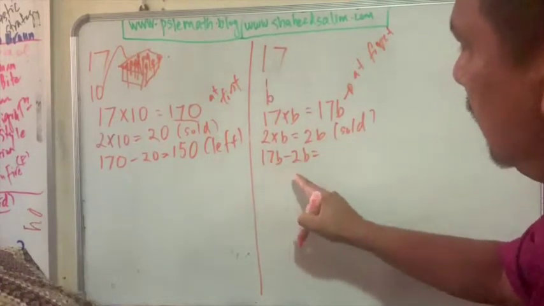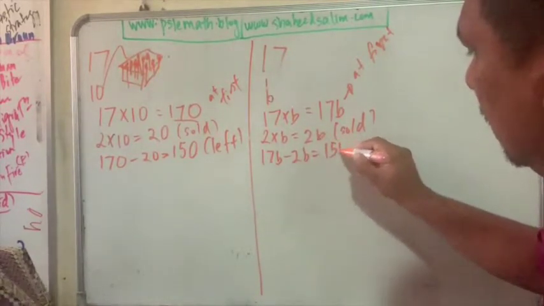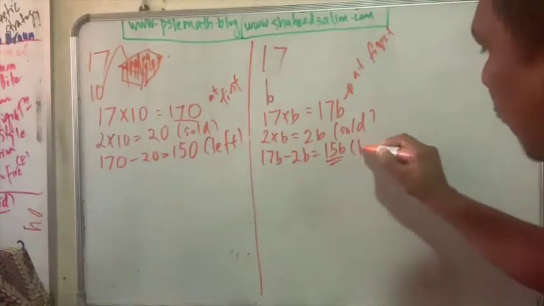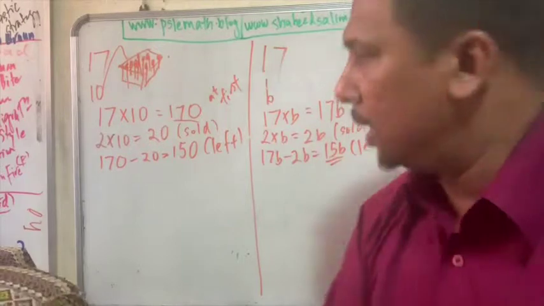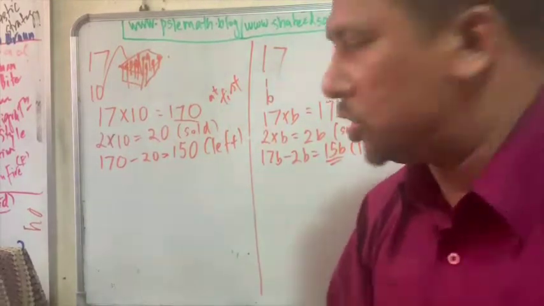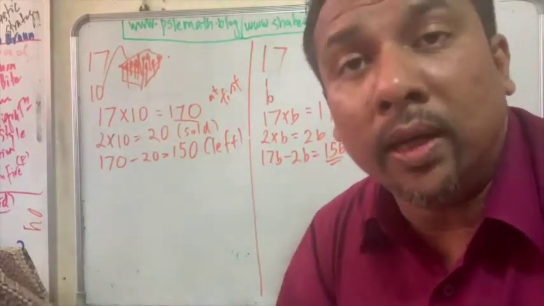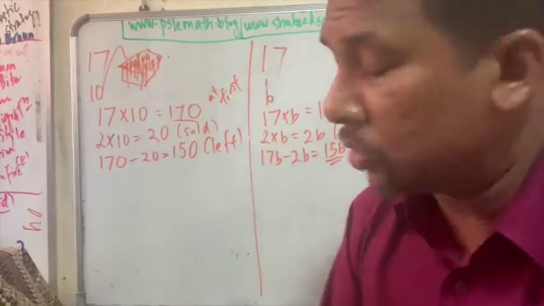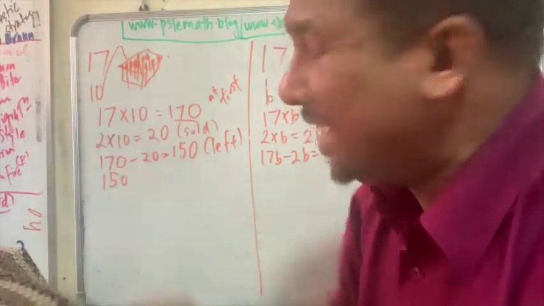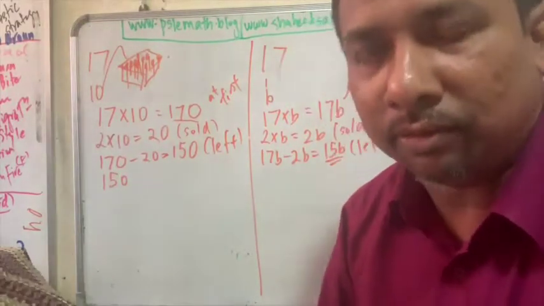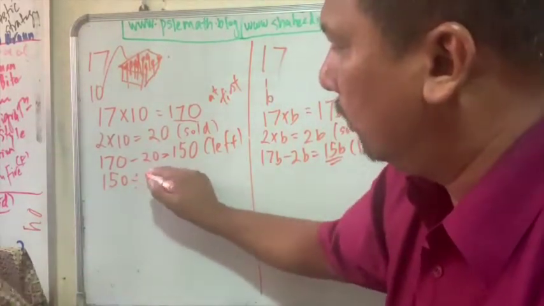So 17B minus 2B, you get 15B. This is what is left. And the question tells us that these remaining candles, which is 150, were shared equally among 3 girls. To find out how much each girl receives, we take 150 divided by 3.